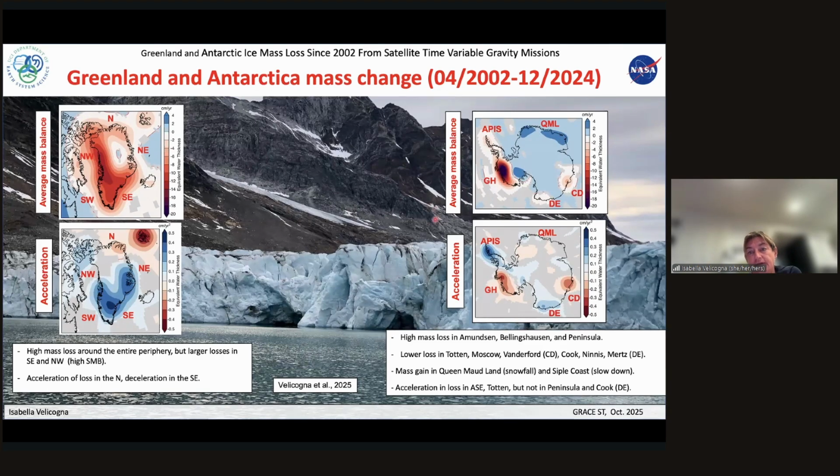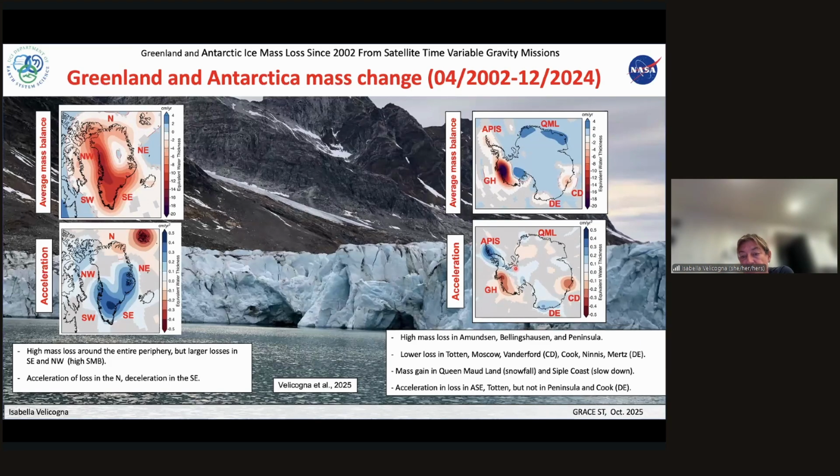If you look at Antarctica, the mass loss is focused on some key regions. We have higher mass loss in the Amundsen, Bellingshausen, and the Peninsula, but also lower mass loss in other areas, and we have mass gain in Queen Maud Land and the coast, which is due to the slowing down of the closed basin.